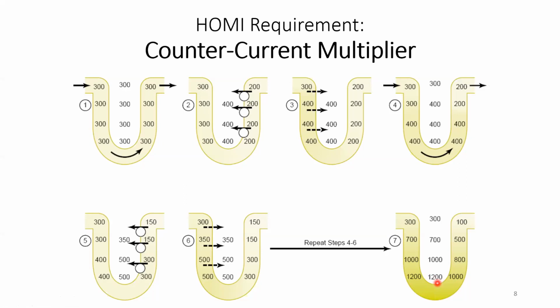The maximum that you can concentrate the urine is 1200 milliosmol, and the reason for that is that that is the maximum capability of HOMI in the interstitium. More of this will make sense to you as we go along.